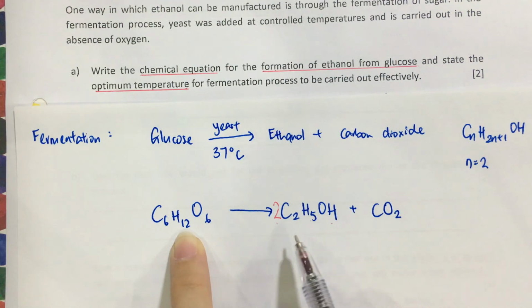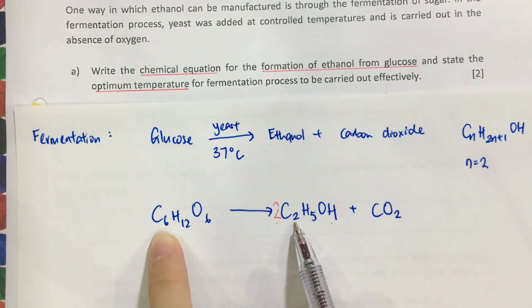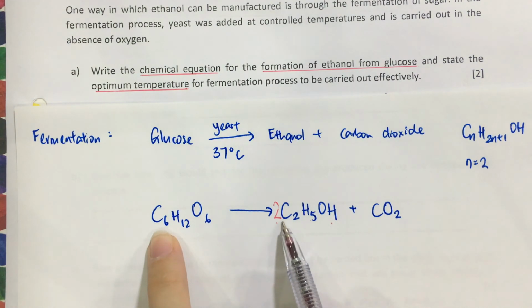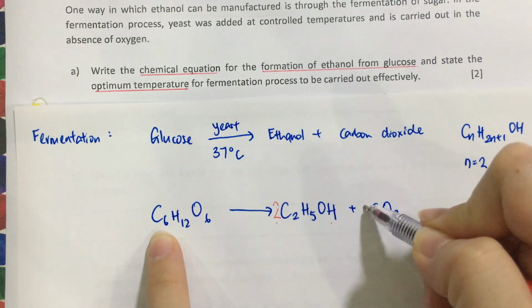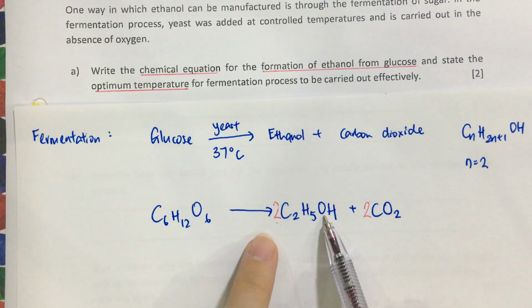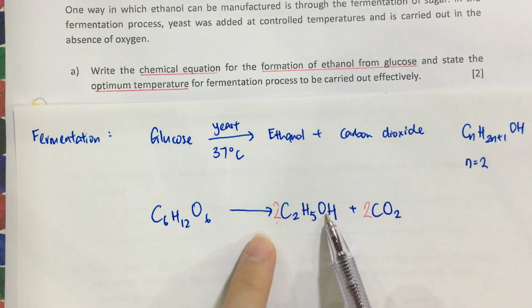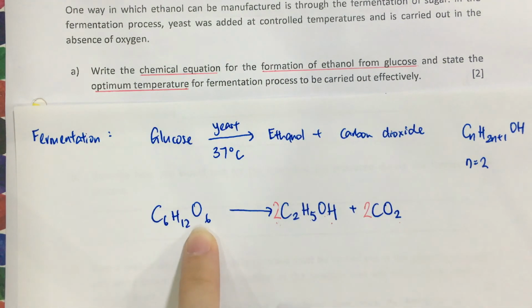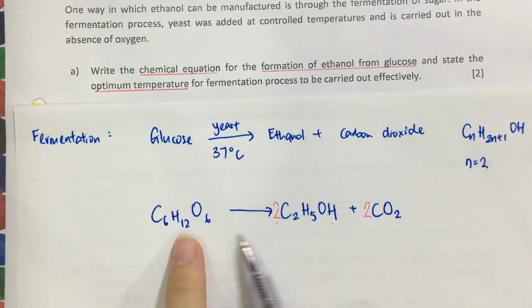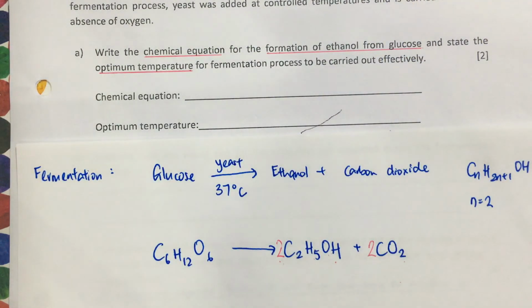Now let's check our carbon. There's 6 carbon here, and here it is 2 times 2, which is 4. So 6 minus 4 would be 2. So I should put a 2 here. Then we check our oxygen finally. We have 2 oxygen and 2 times 2 is 4. So 4 plus 2 gives me 6, which is the same as this, which is 6. So this would then be my balanced chemical equation. Okay, so we'll write it in.